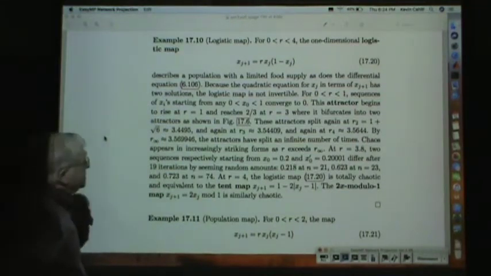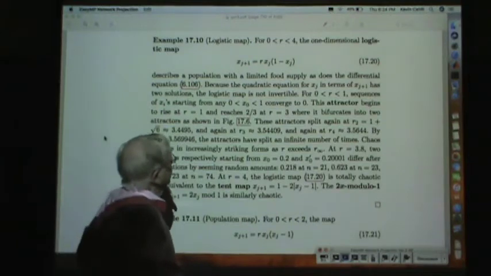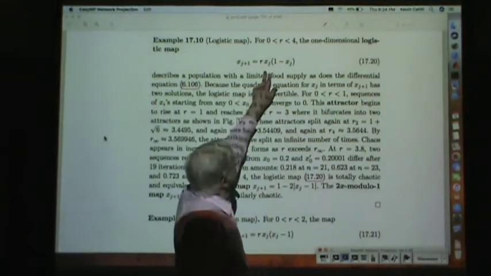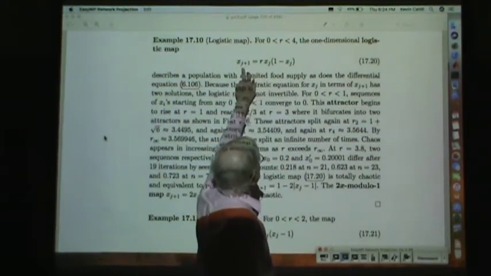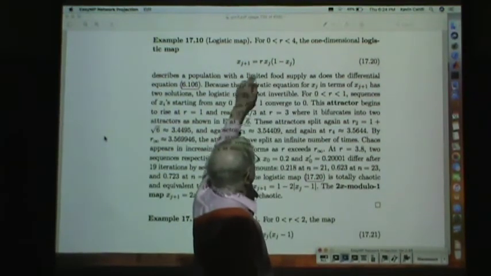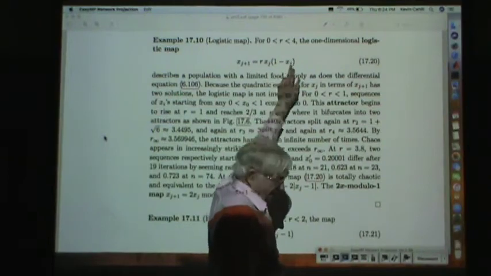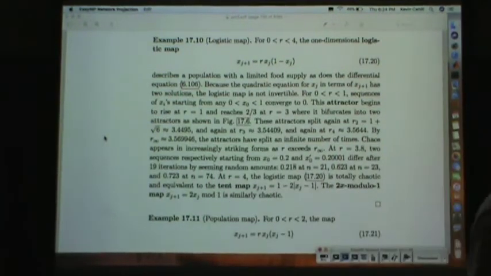In other words, the change in population from xj to xj plus 1 can go down if xj is too big, because you've got too many animals eating a limited amount of food, and so the population can go back down.